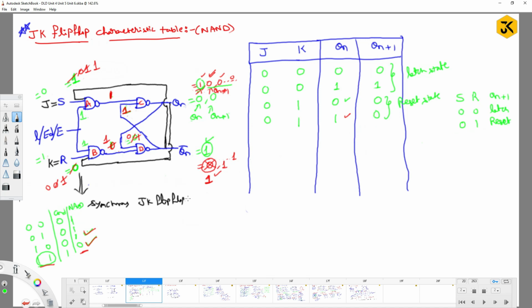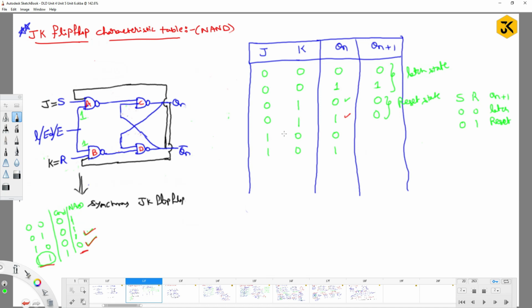Okay, fine. So what will be the next possible values? 1 0 are the next possible values, and Q1 can be 0 or 1. Right? Let's analyze what might be the values for 0 and 1 when the inputs J, K are 1 0. Let's see, when J and K are 1 0 and Q1 is 0, what might happen, right?